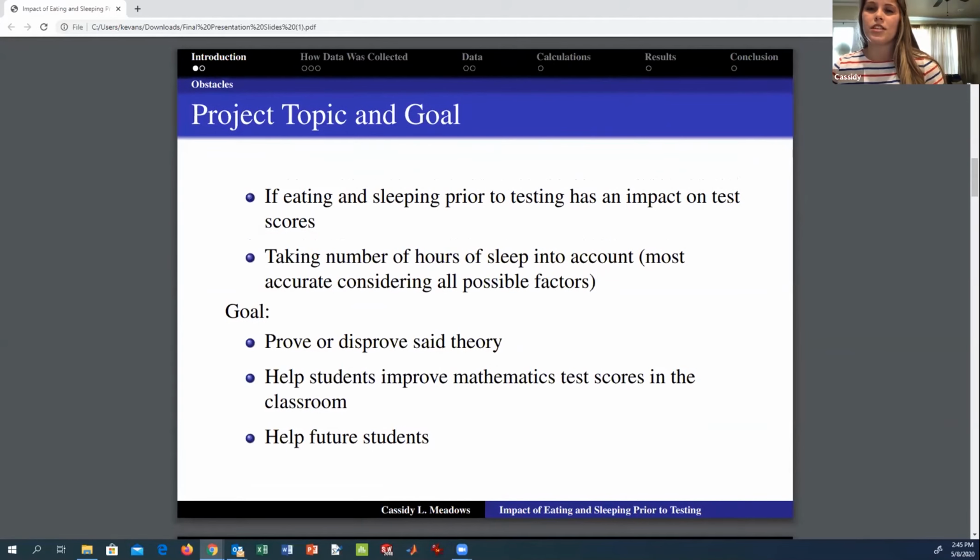So just kind of an update of my project topic. I decided to study if eating and sleeping prior to testing has an impact on test scores, and I did this taking the number of hours of sleep into account.